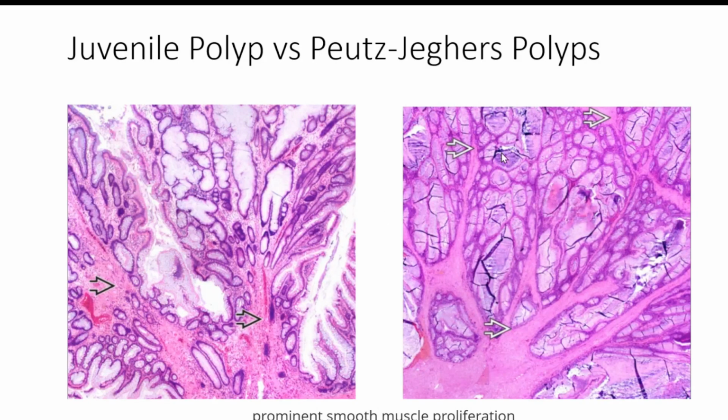But as I mentioned before, Peutz-Jeghers polyps form a well-formed lobular structure compared to the juvenile. For the juvenile, they do not form this well-formed lobular structure; the crypts are just randomly distributed. Maybe this is helpful to tell the difference.